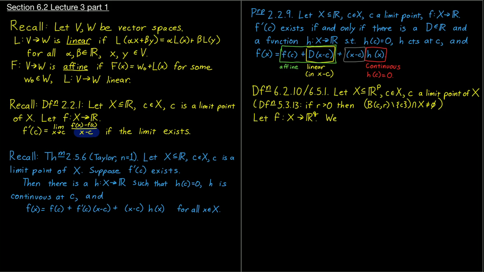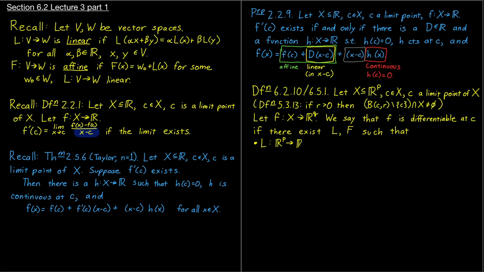And then we say that f is differentiable at C if there exist some functions L and F such that L has the same range as little f.